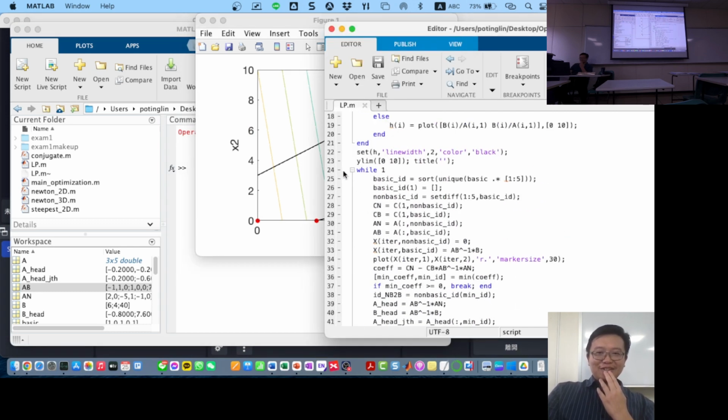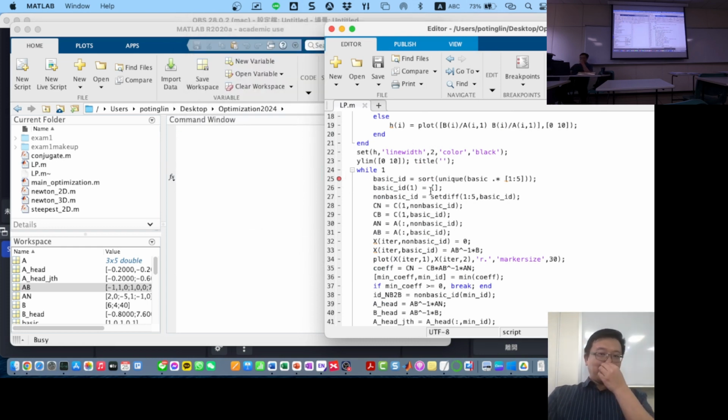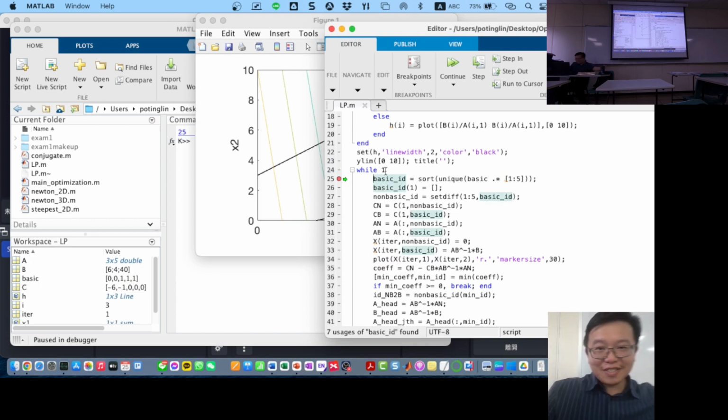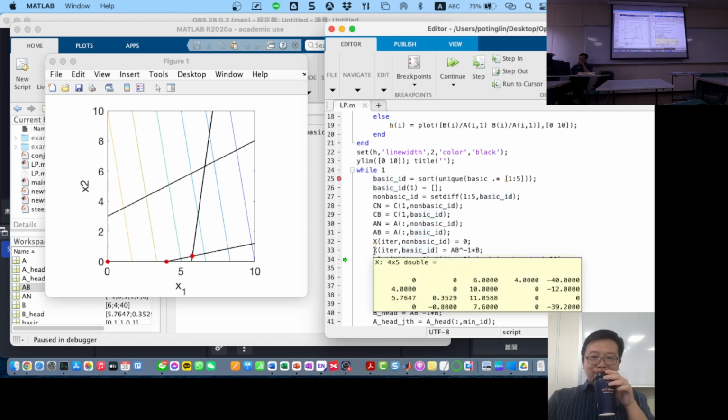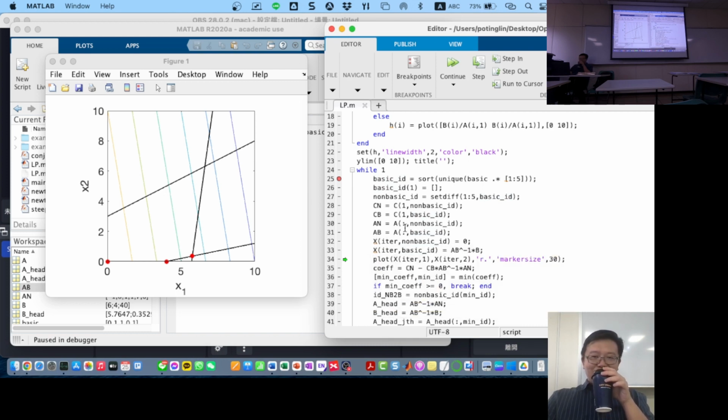Let's check iteration by iteration. Okay. So this was a problem. And okay, that's the starting point. Good. Okay, now here. Let's see. Okay. Something went wrong. Why?